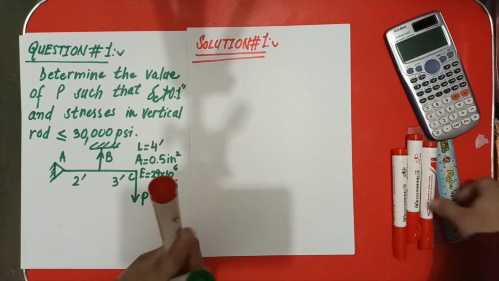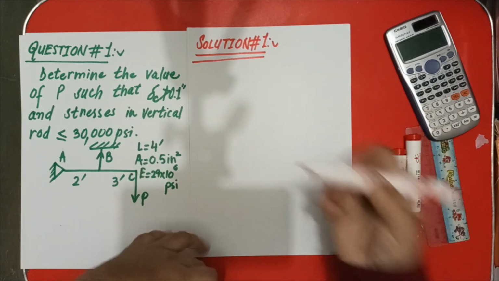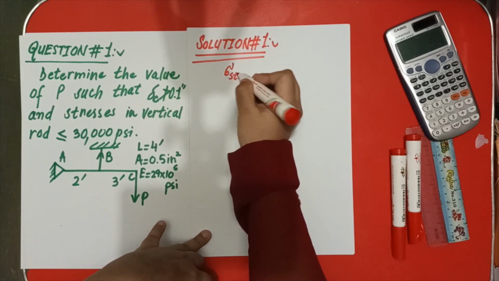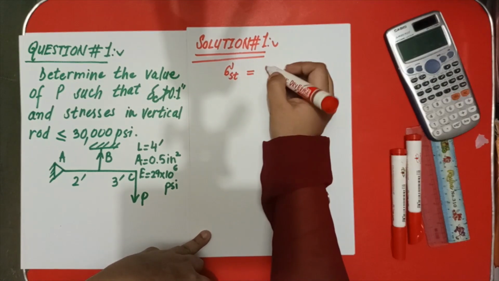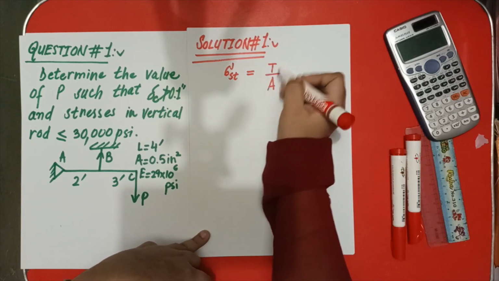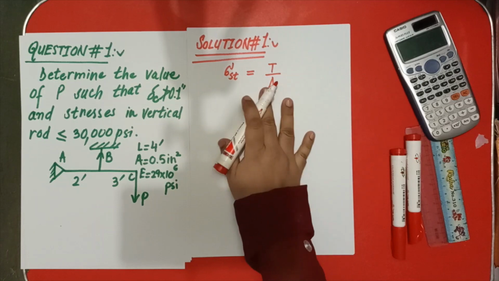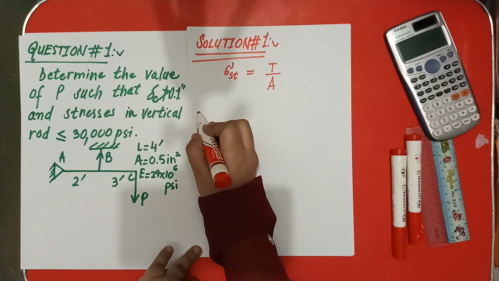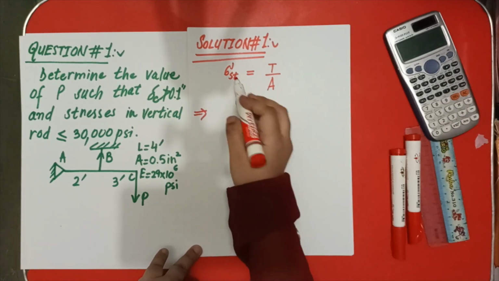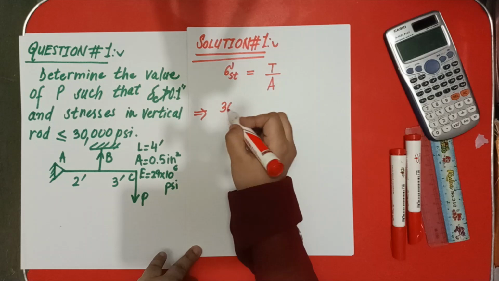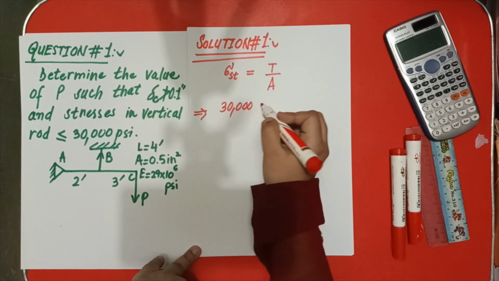So what we have to do here in that case, I can write it down. Stress of steel is equal to T over A, or you can also write P over A. But I am taking T here because P is already given in the question. So I can take stress as 30,000 psi.